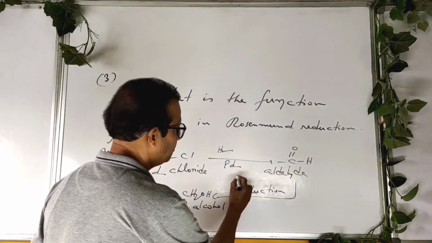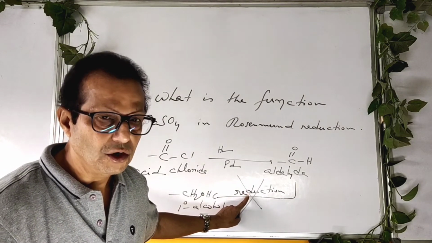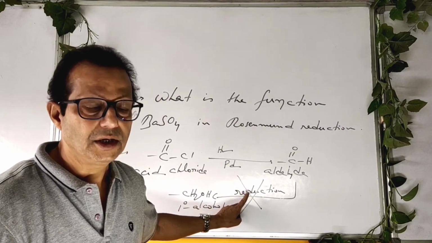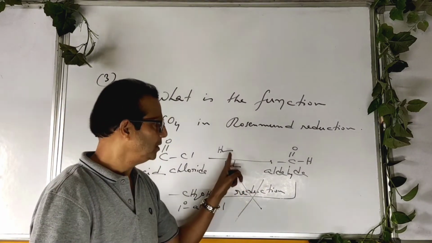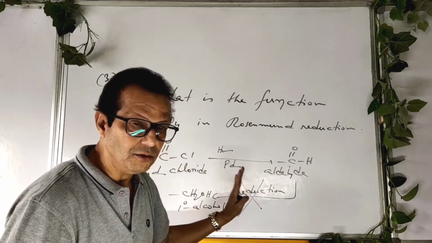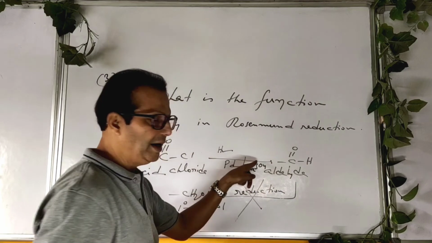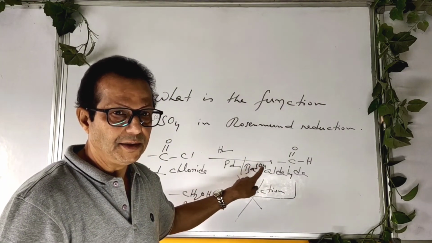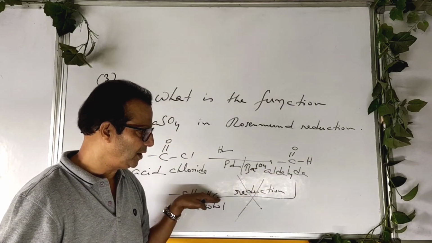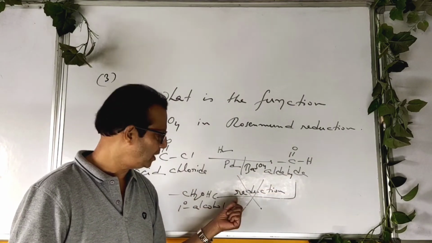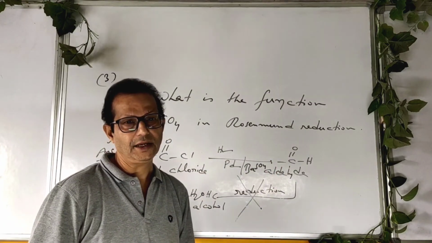So we have to stop the further reduction, that is, we have to reduce the catalytic activity of palladium. That's why if you use barium sulphate, it poisons the catalytic activity of palladium for further reduction. So further reduction of aldehyde to alcohol cannot occur. This is the function. I think you understand it.